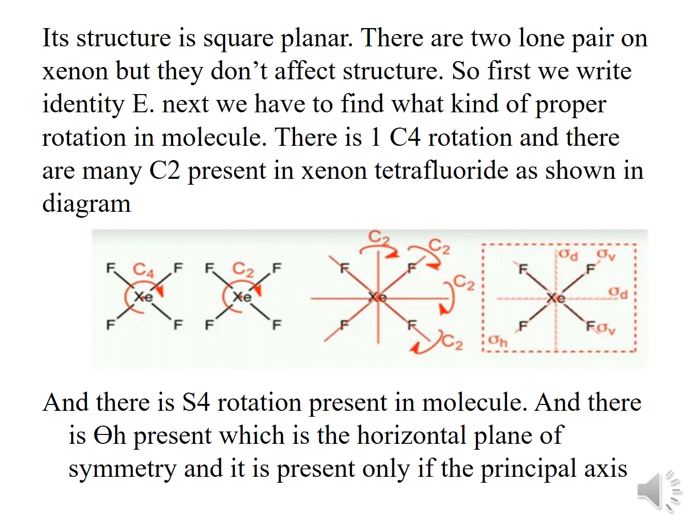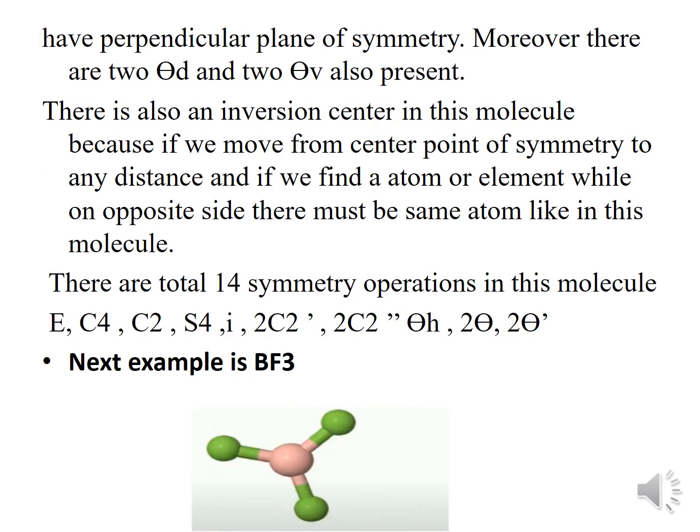There is an S4 rotation present in the molecule, and there is sigma h present, which is the horizontal plane of symmetry, and it is present only if the principal axis has a perpendicular plane of symmetry. Moreover, there are two sigma d and two sigma v also present.